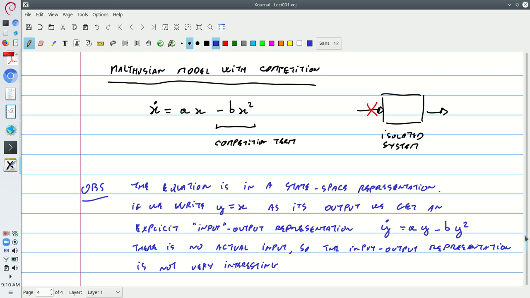What is interesting though is the way we are going to solve this, because the solution of the Malthusian model without competition was actually quite easy, and you'll see that just by adding a term that looks very innocuous, like this quadratic term, makes the solution a little more complicated.